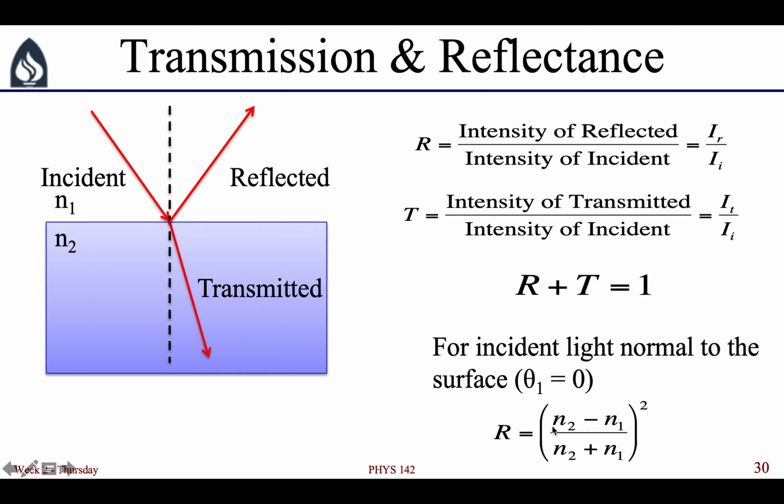The difference between those indices of refraction divided by the addition of those two indices of refraction, that ratio squared. So we do have a formula for calculating what R is based on the indices of refraction for that one special case of an incident angle of 0.